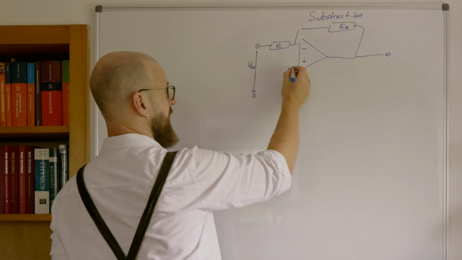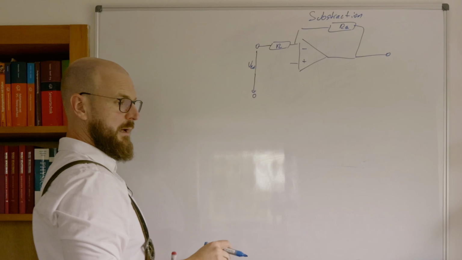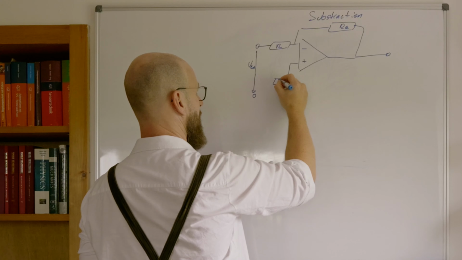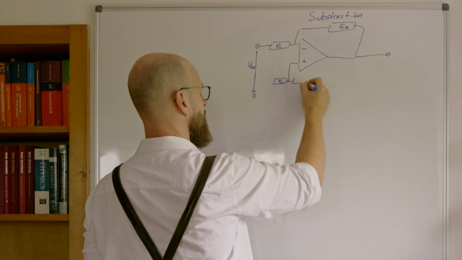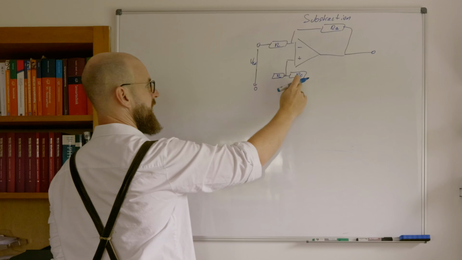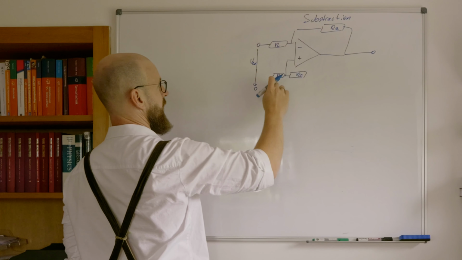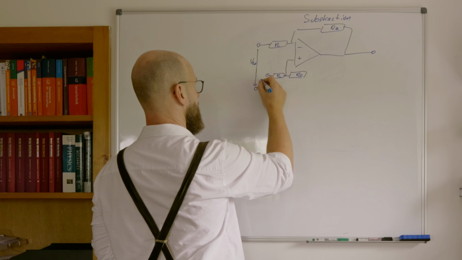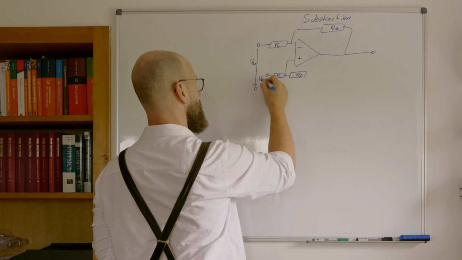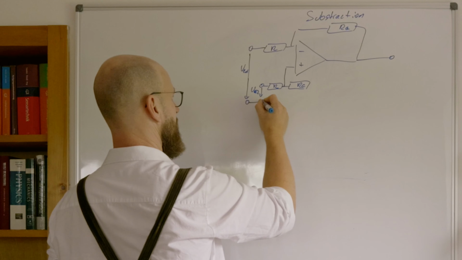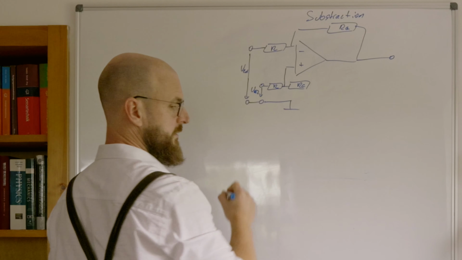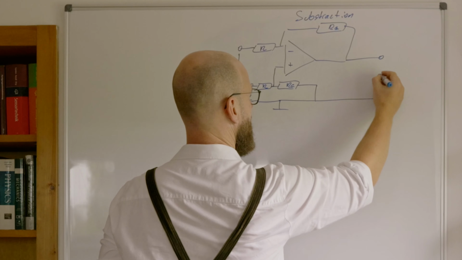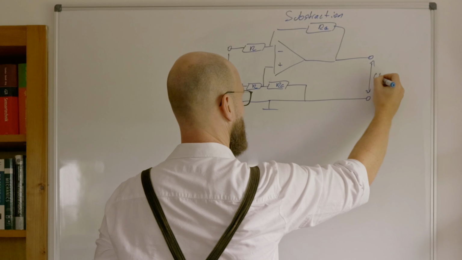But now that plus is not directly coupled to the ground, but split up into two parts. Note RG, R and R, so those are the same resistances over here, whereas a second voltage UE2 is connected over here, also relative to the ground, and now the rest is connected to the ground, and we get our output voltage over here.